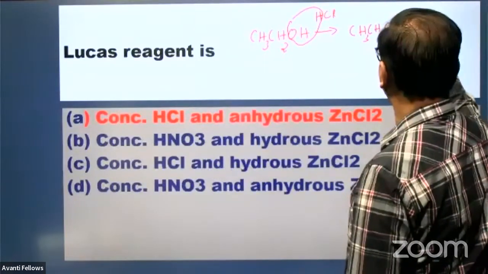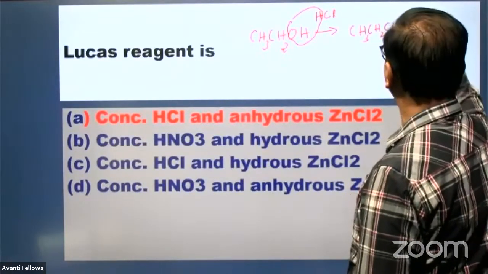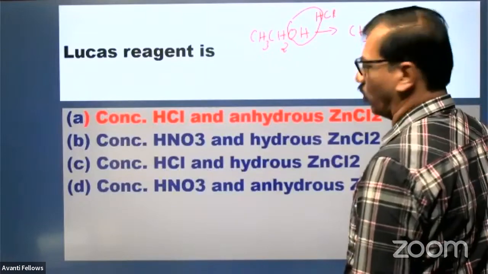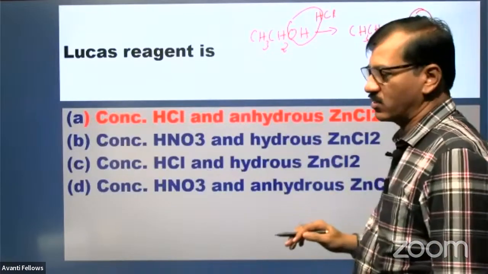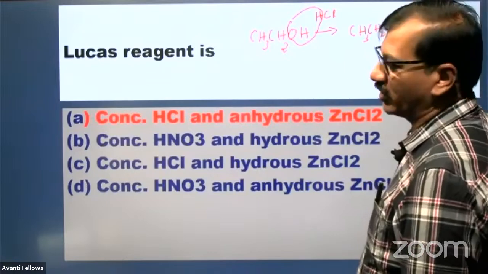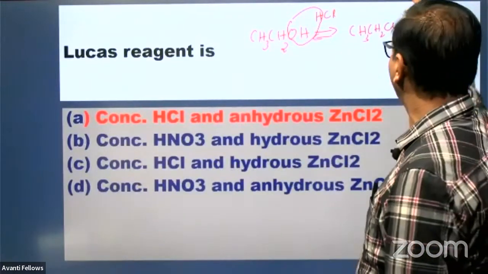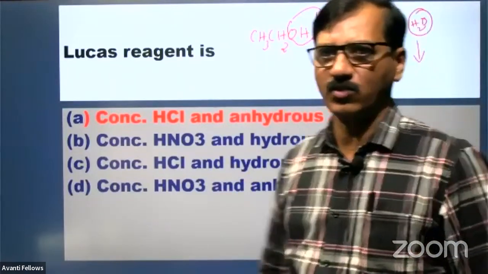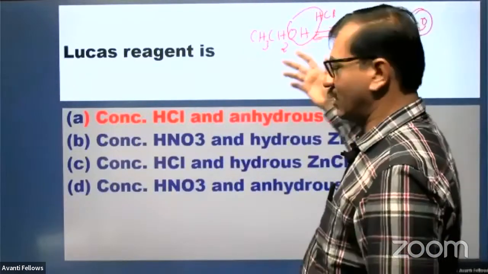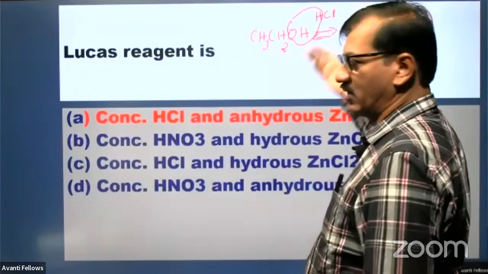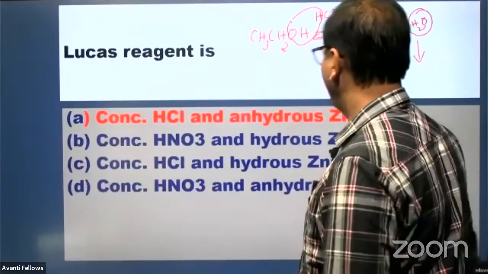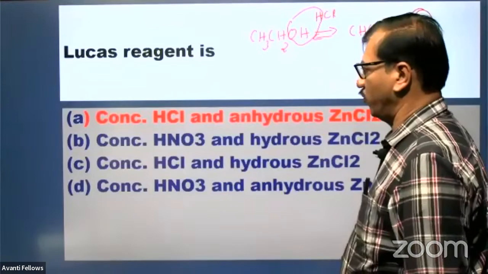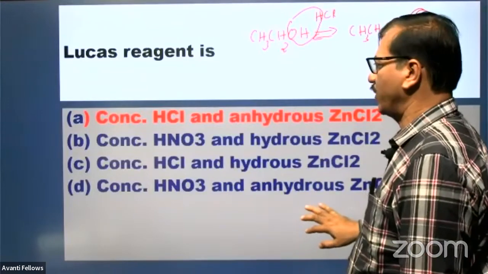There is another product called H2O, and to remove this H2O, anhydrous zinc chloride is needed. And you know from Le Chatelier's principle, in any equilibrium, if the product is removed, more products are formed. That's why this is used as a catalyst. It increases the speed of the reaction and increases the output. Therefore, anhydrous zinc chloride is being used.